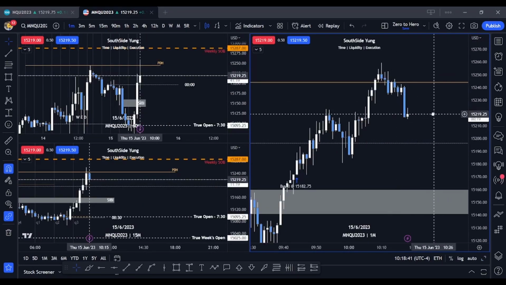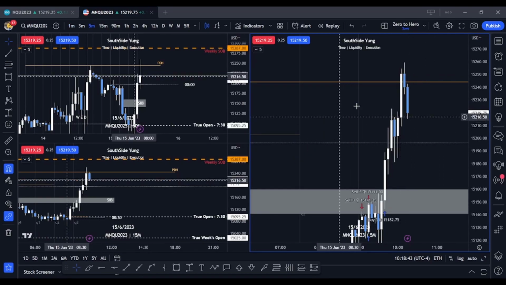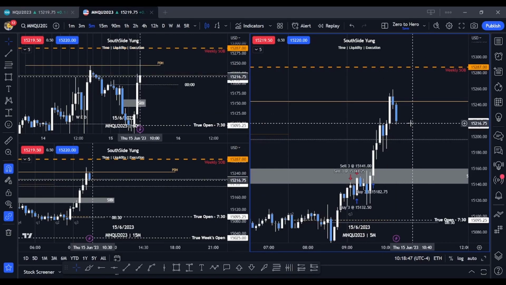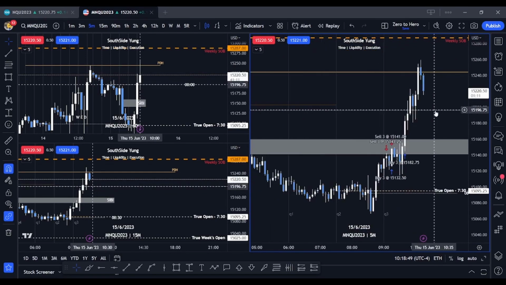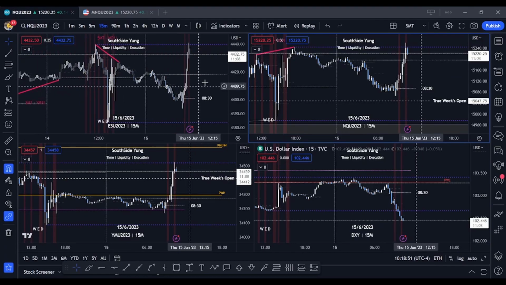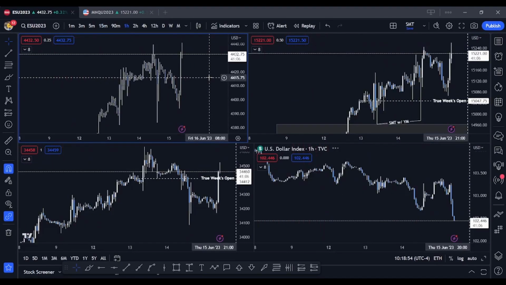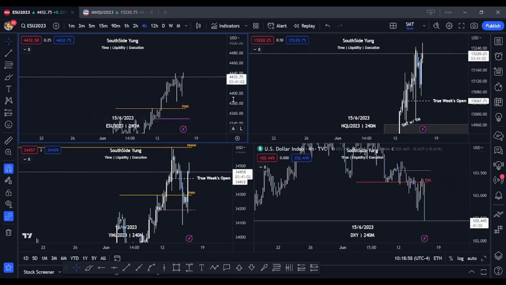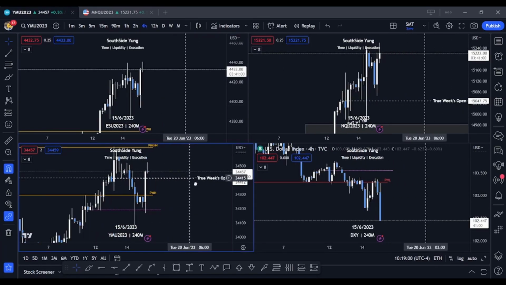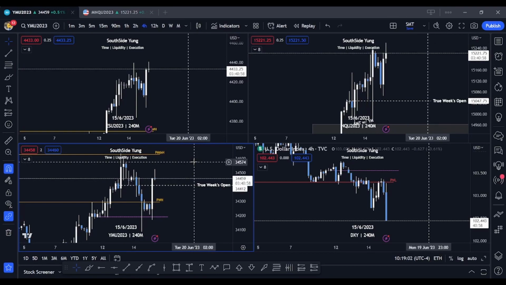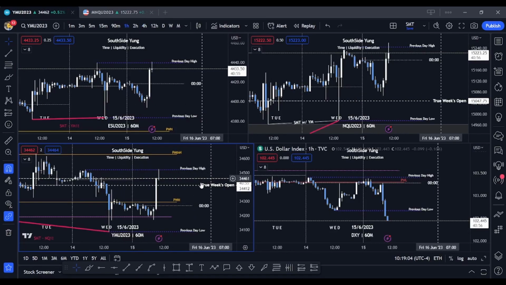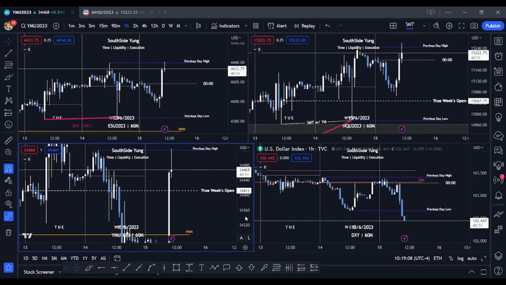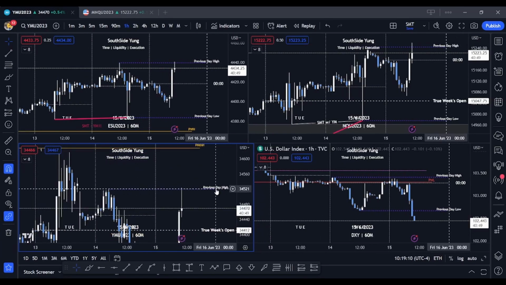Oh wait, actually getting a sell here from previous day's high. This might just be a retracement though. Are any PD arrays supporting this? I don't see anything really.